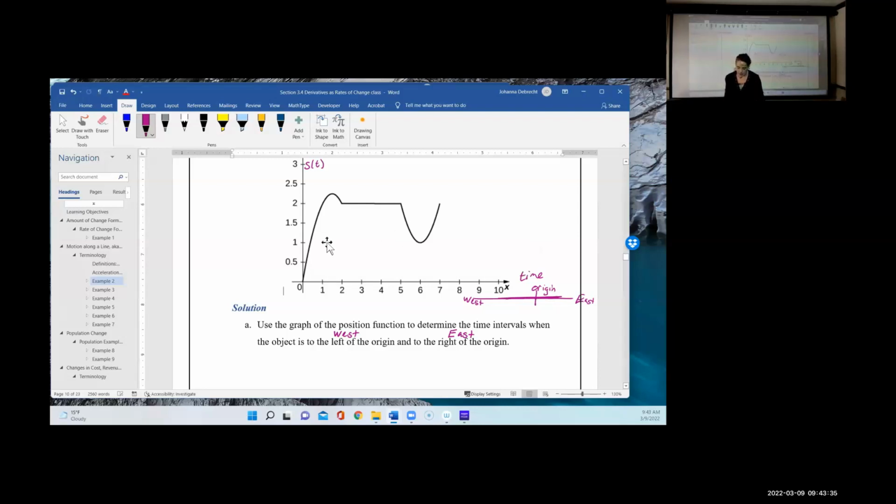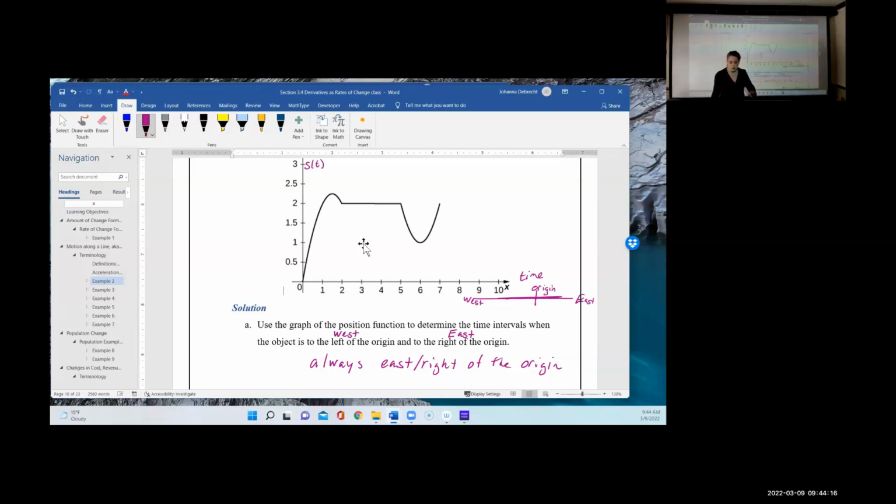It's always to the east, always to the right of the origin. Above the axis on the right side, below the axis on the left side.